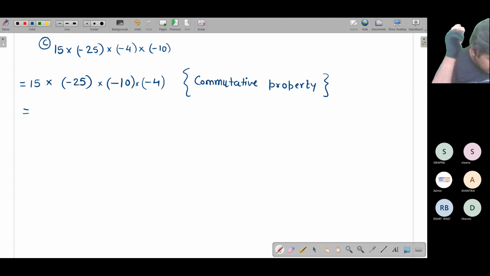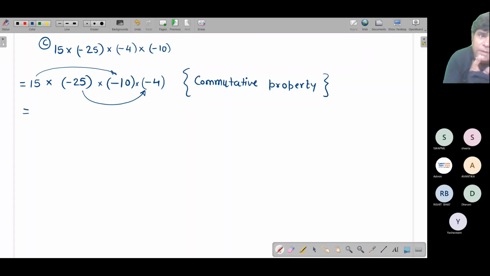Tell me what you can further commute, because you are thinking that 15 multiplication with 10 is easy and 25's multiplication with 4 is easy. That's why we take the multiplication of 15 and 10 and 25 and 4. Getting my point?